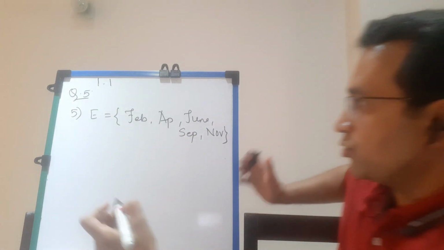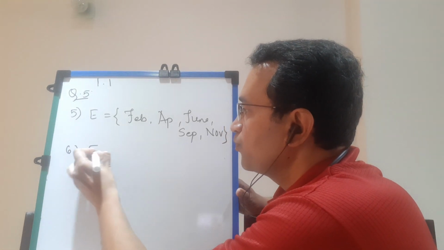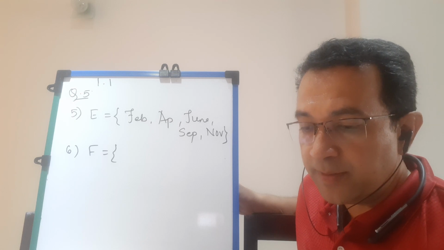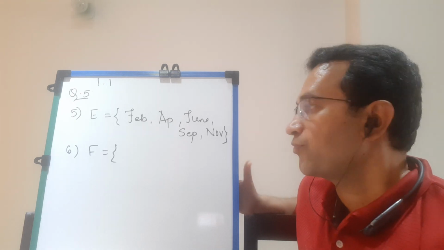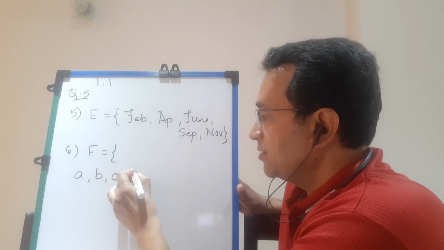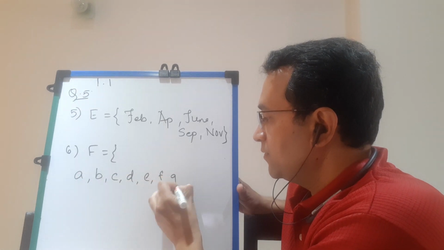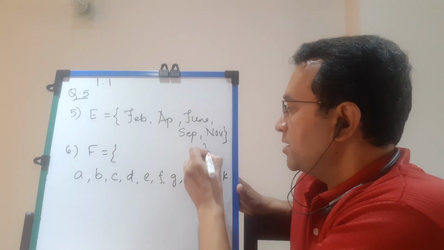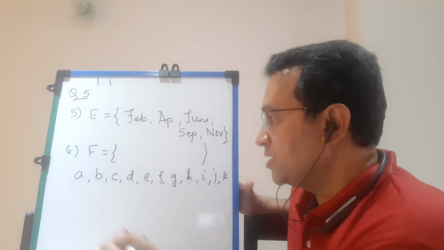Then the sixth question, set F is equal to the set of x such that x is a consonant in the English alphabet which precedes K. Now let me write all the alphabets up to K. Now let us start listing. A is a vowel, so A is not an element.